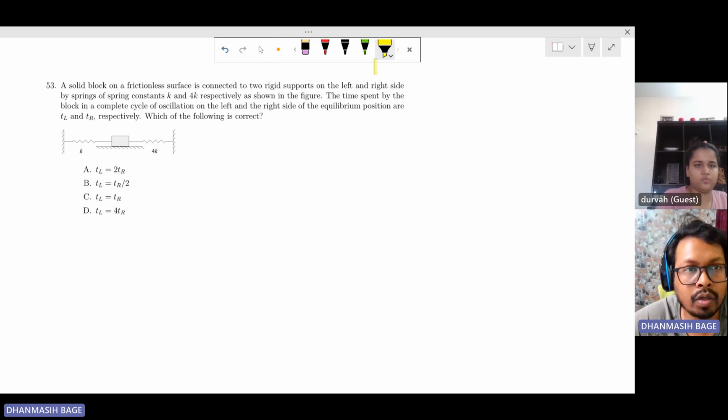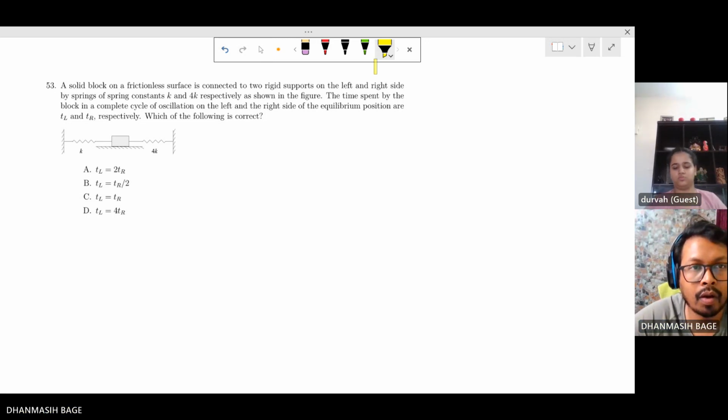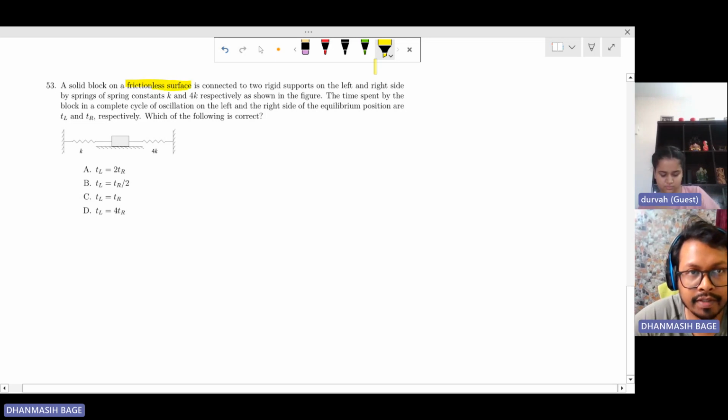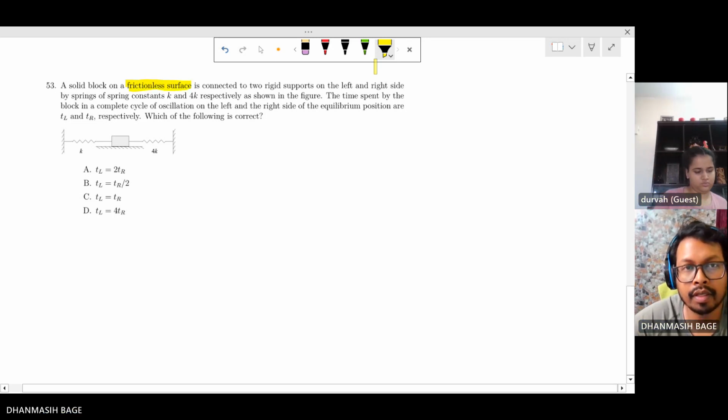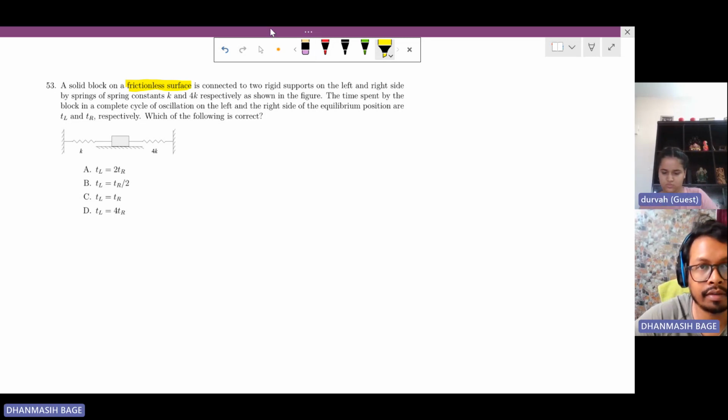A solid block on a frictionless surface. So the surface is frictionless. This is from 2019.